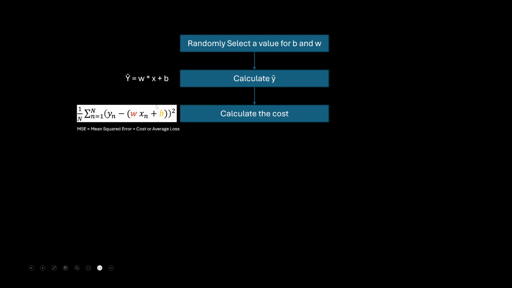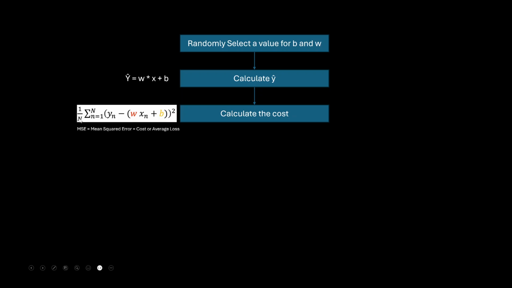And then we add this error squared for all the samples in the data set. That's what the sum is. Basically, we are adding over all the samples in the training data set, and then we divide by the number of samples.